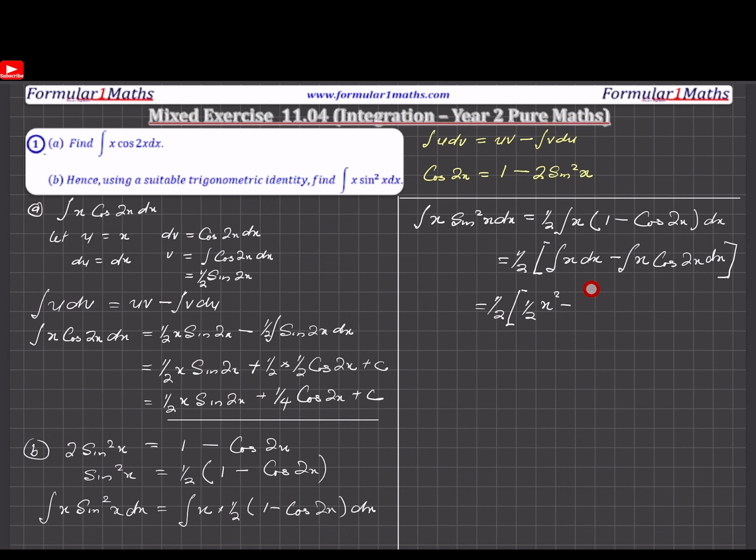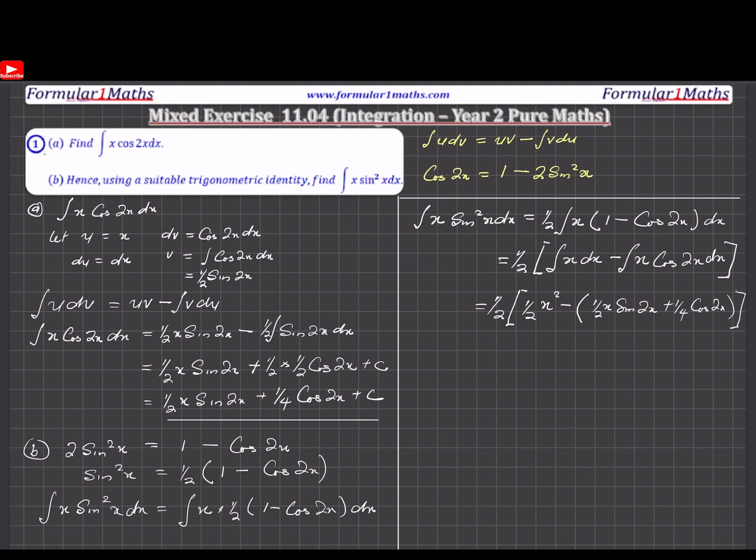Now remember that we have already integrated x cos 2x in part A, and that is the integral we obtained. So we can just substitute the whole of that with that. And so I'm going to do that now. I'm going to get minus brackets half x sine 2x plus a quarter cos 2x.